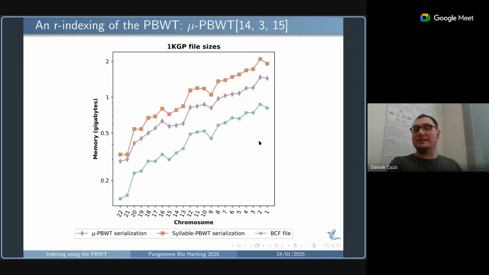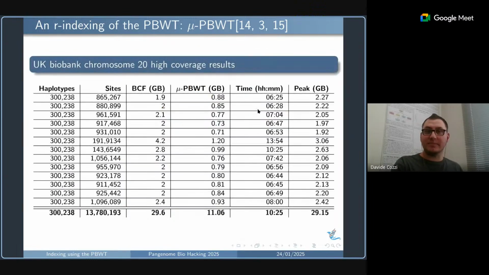And the index file is also very light in memory if we consider that the BCR file is the binary input. We have 2 gigabytes of index compared to 0.5 gigabytes of input file, so we are okay. And we can also scale to UK Biobank data.